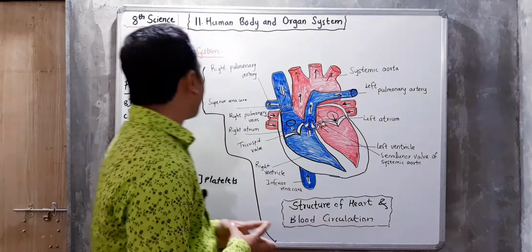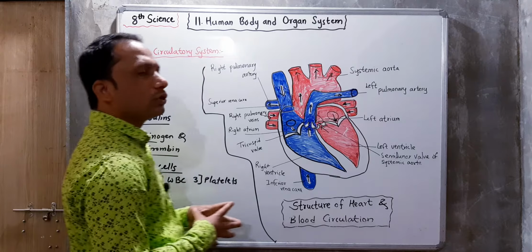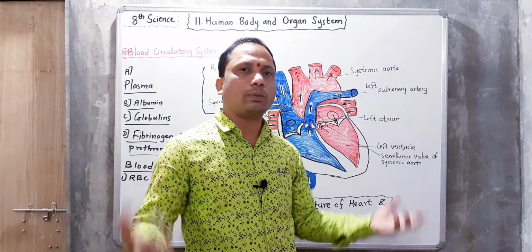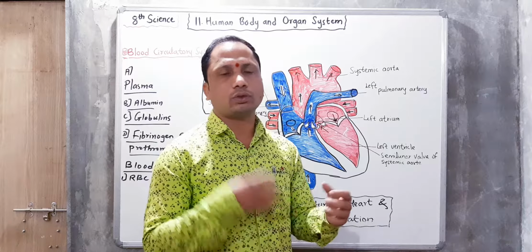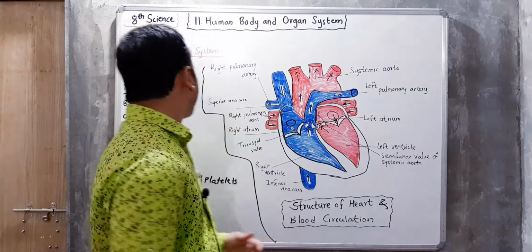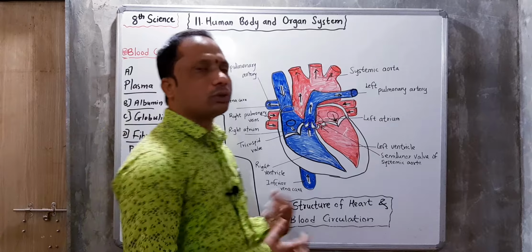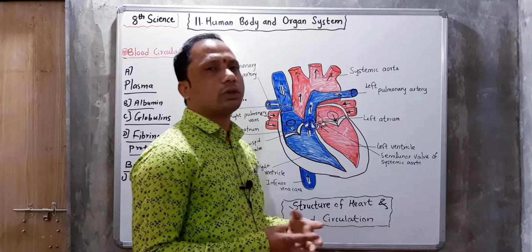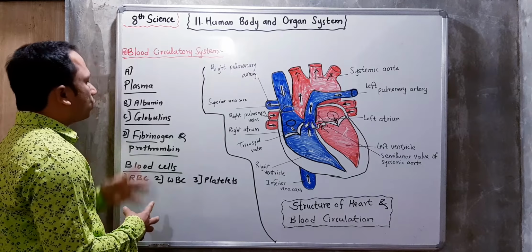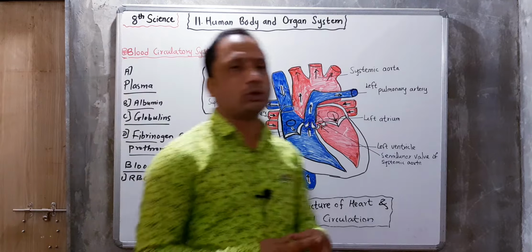Then albumin is there, and the function of albumin is to supply the water to all parts of the body. Then globulins do the work of protection. Fibrinogen and prothrombin help in the clotting of the blood.